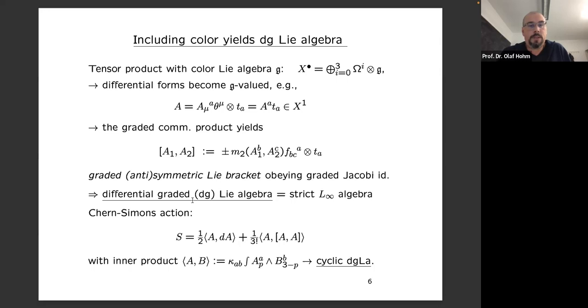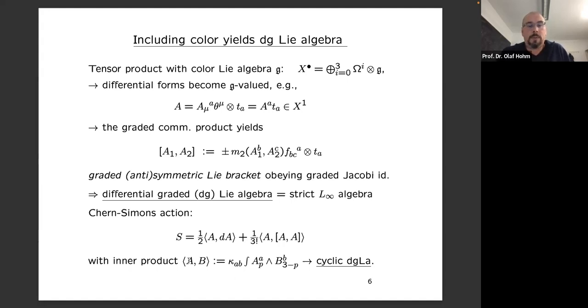So given such a differential graded Lie algebra, I can write this action, which you'll recognize as the familiar Chern-Simons action, once I define also an inner product, which for forms, of course, is just the integral of the wedge product of the three form, where the color indices are contracted with some Cartan-Killing type metric.